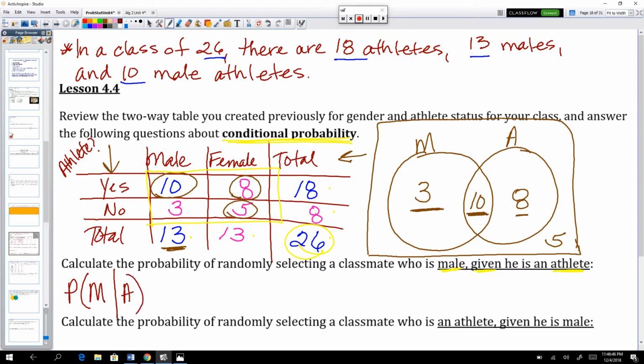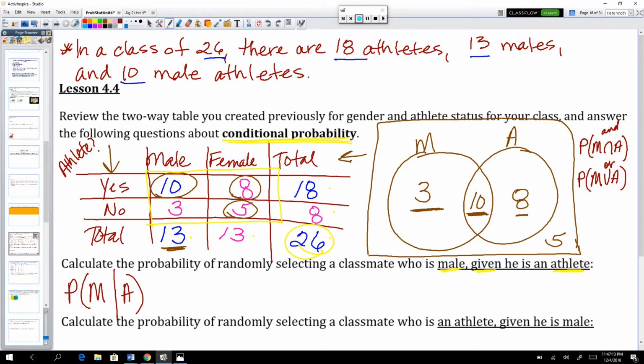That's the notation for given. Just as a recall, this is the probability of a male and an athlete. This is the probability of selecting a male or an athlete. And now we have this new one, given. This bar right here is given. Selecting a male given they're an athlete.